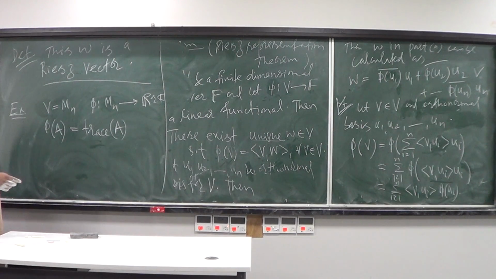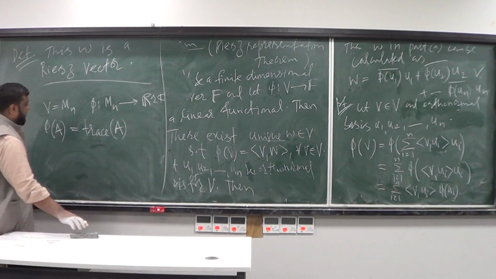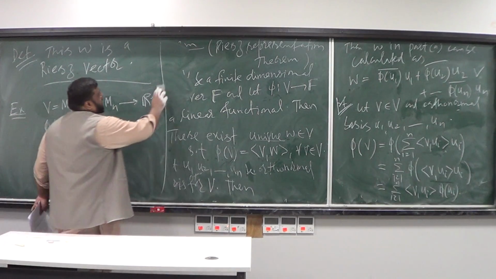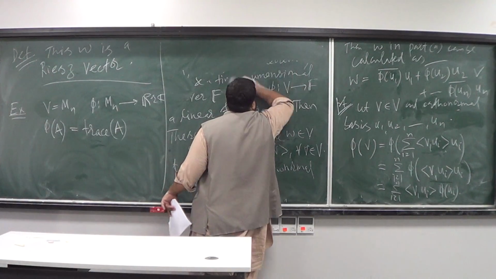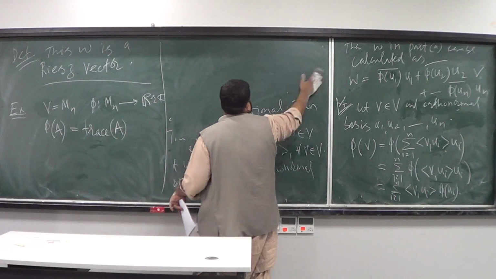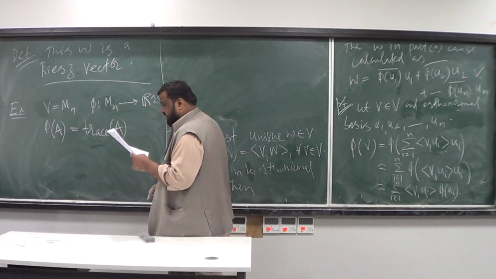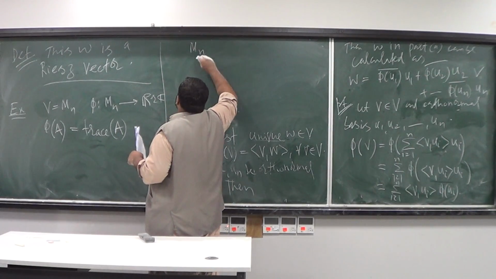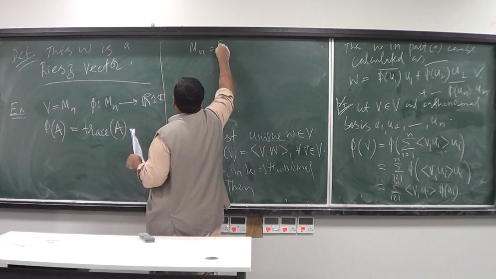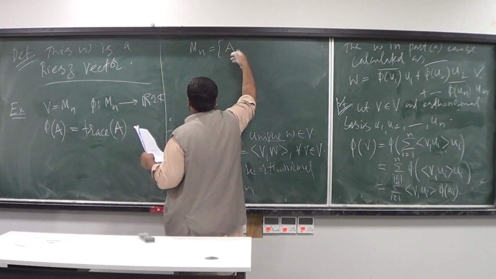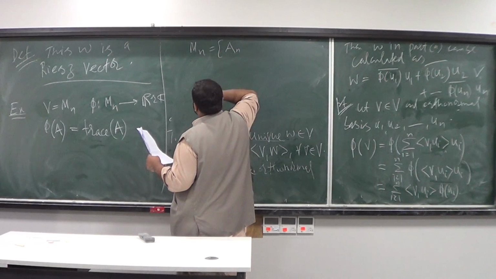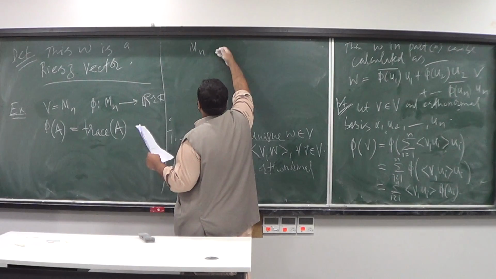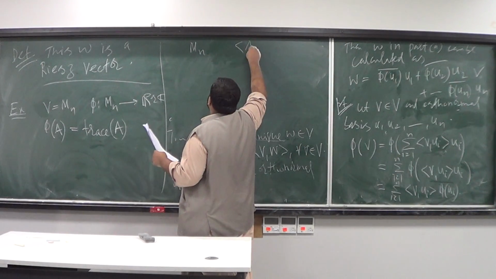By the way, shall I recall the meaning of the Frobenius inner product? Mn is the collection of n by n matrices.